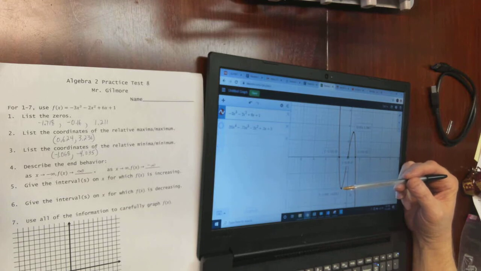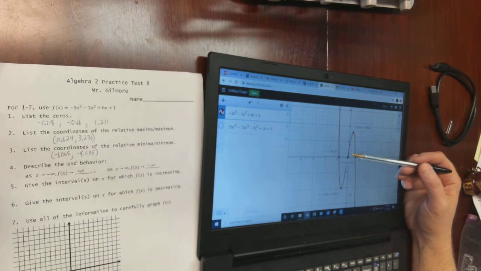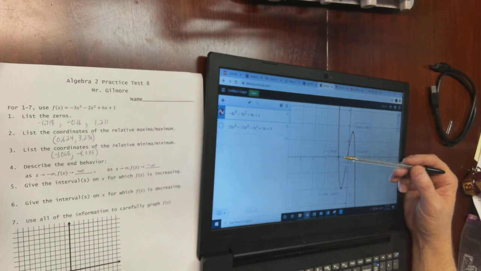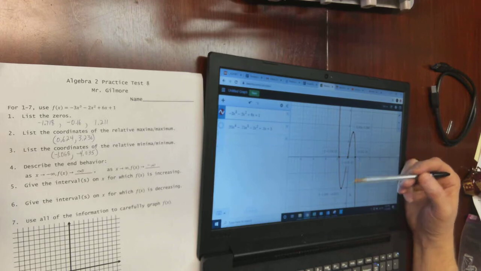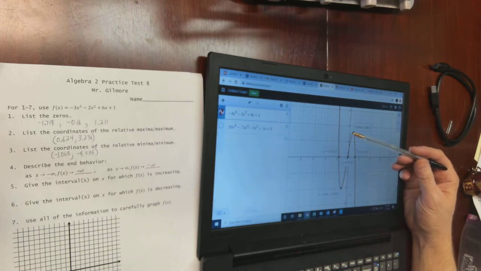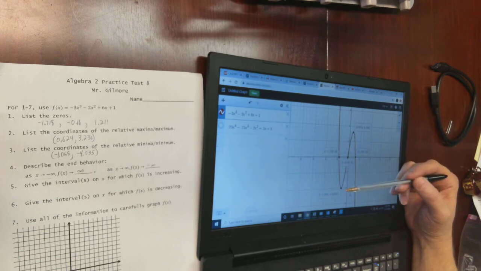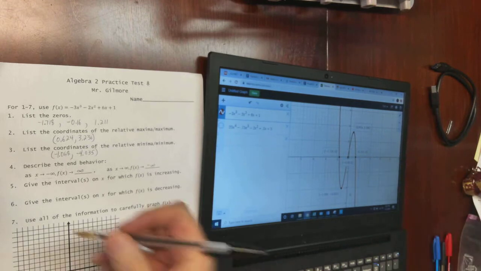So we're going from here, we're talking about the x-coordinate from here until here. So we'll go from this x-coordinate over to this x-coordinate. That part of the graph is increasing. And those points, the x-coordinate right here is negative 1.068.